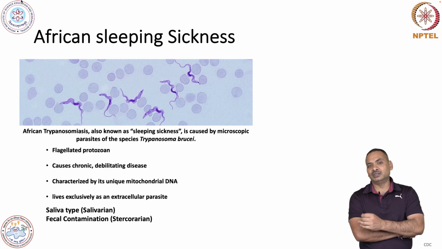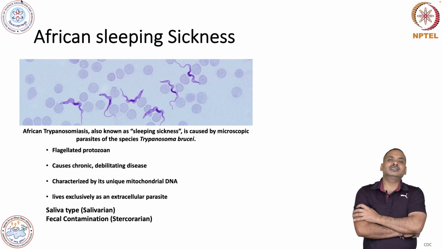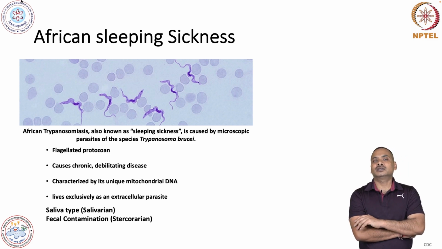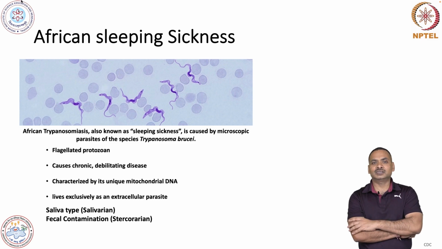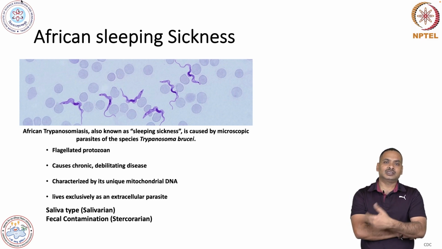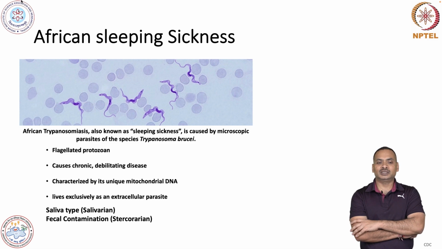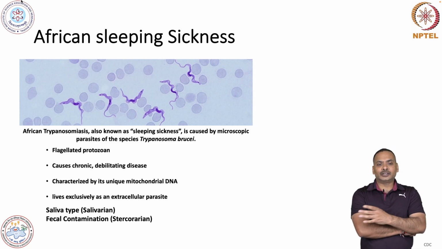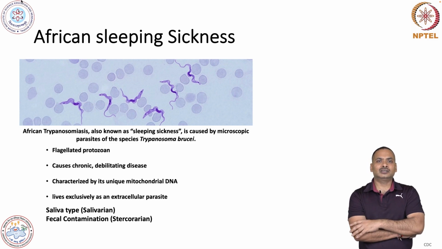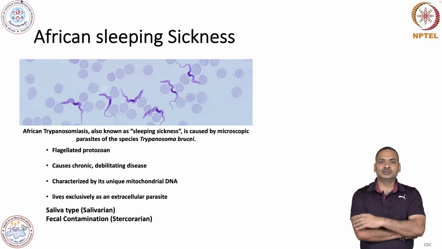That may cause some irritation, and the irritation may result in scratching of that part of the skin, which causes the translocation of this parasite. The technical term is stercorarian transmission, which is used for transmission of this parasite through fecal contamination.